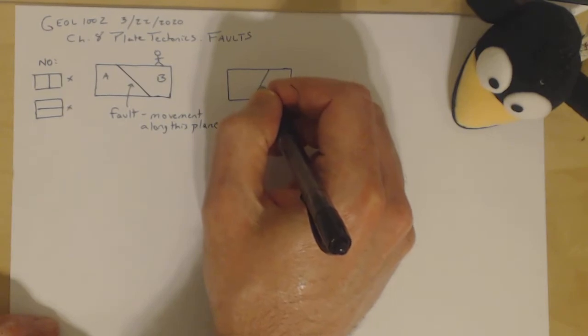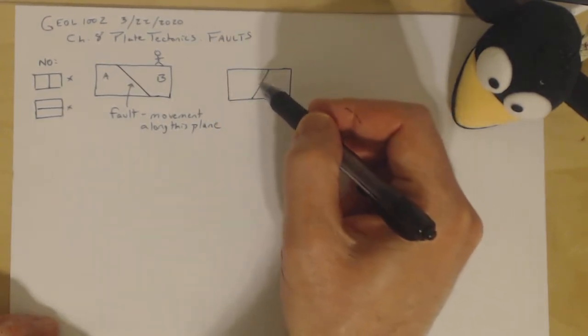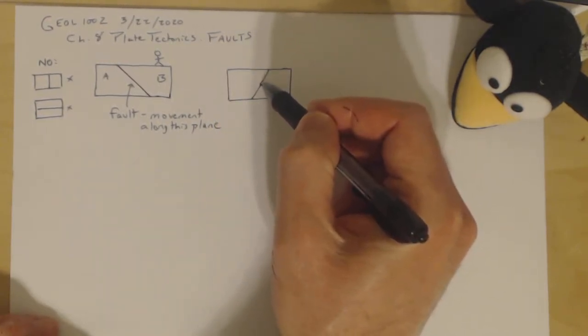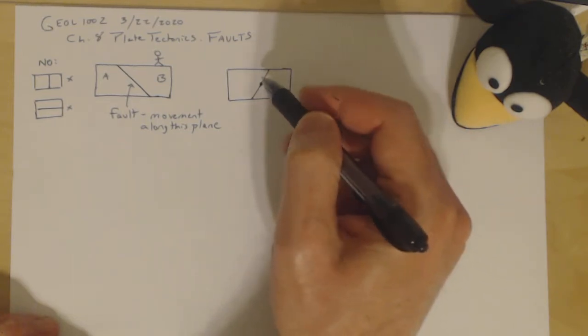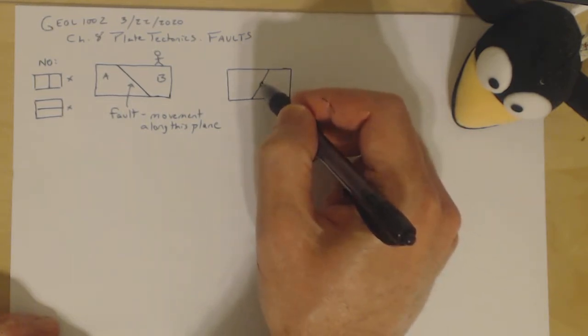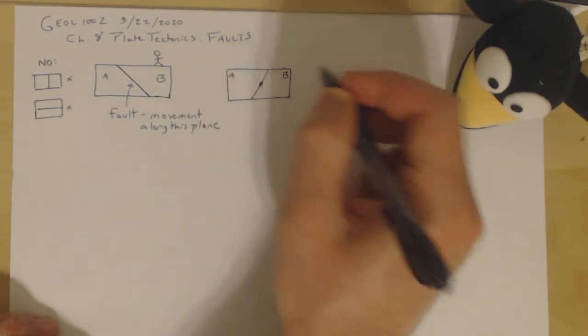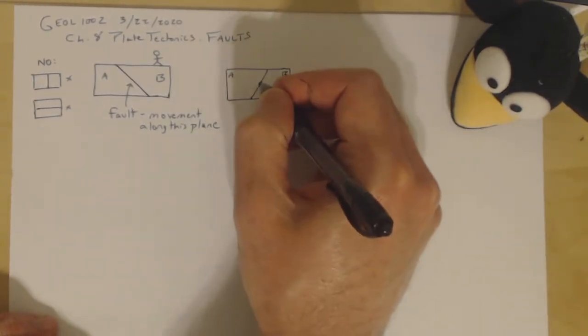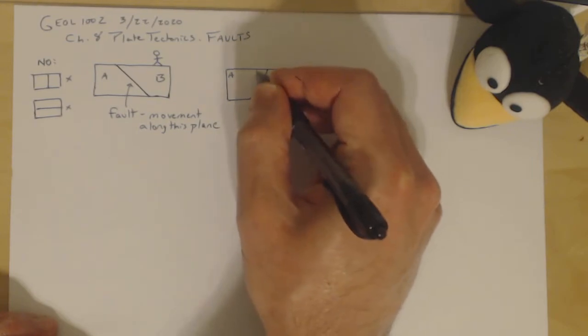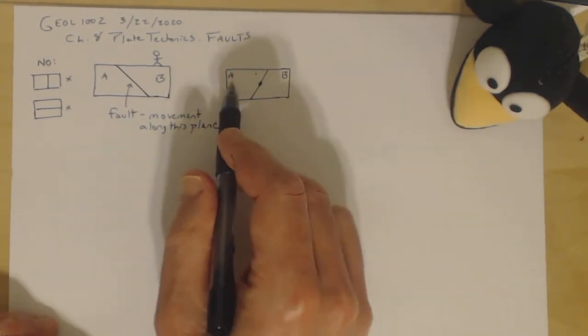This is the fault line again here, and the idea is that if you start, let's say, in the middle of your fault right there, and go up, which block are you in? If you start at the dot here and you go up, you are in this block, block A.